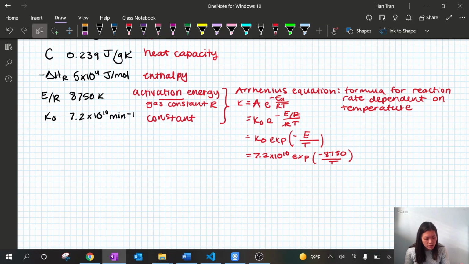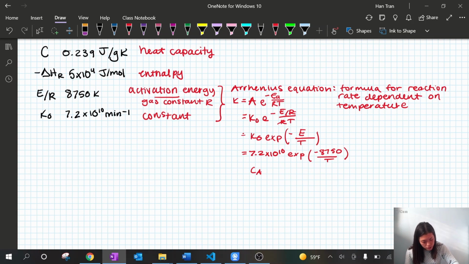And since now we have the reaction rate, we know that the reaction rate is the Arrhenius reaction rate multiplied by the concentration, and what that gives us is the rate of accumulation. And so we can rewrite it as rate of accumulation equals the reaction rate multiplied by the concentration of A.